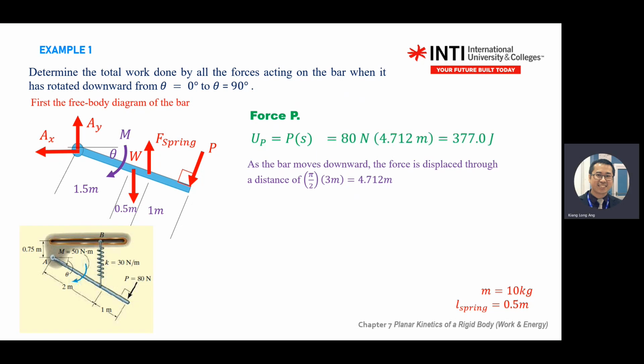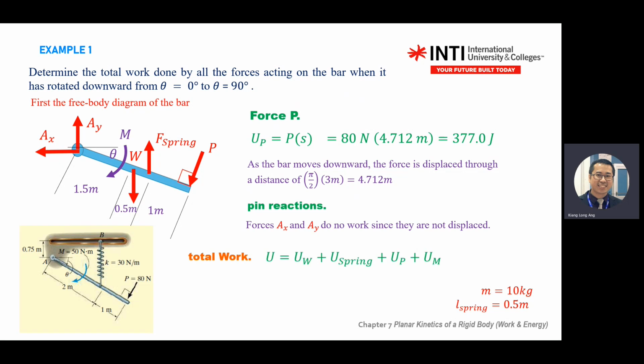So I'm not going deep into the calculation. This is 90 degree times the S. You get 4 point something. You can put it in terms of pi if you want. Any question for P? What about the pin reaction? Does the pin do work? Why? It's fixed. They do not do work.